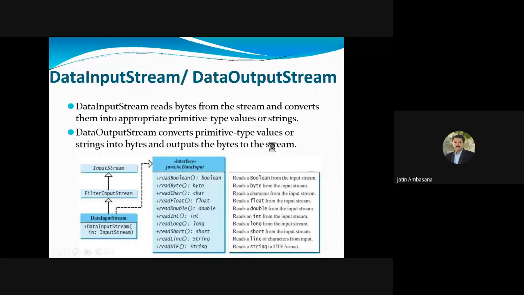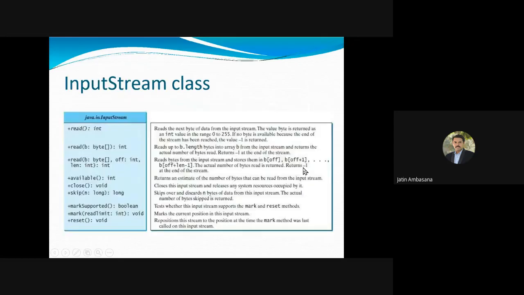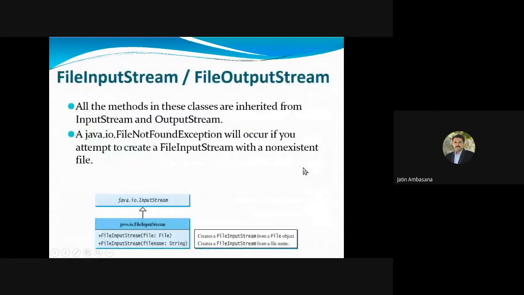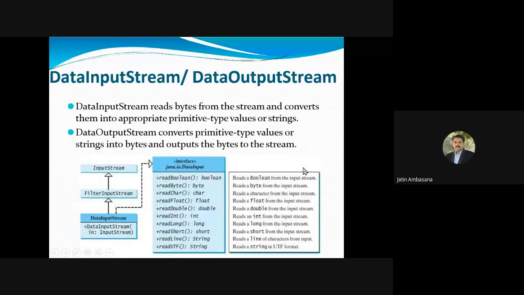Okay, so see, in this hierarchy of classes, we saw what are the methods of input stream and output stream classes, which are abstract. Then we saw file input stream and file output stream. Now let's see what is there in data input stream and data output stream.